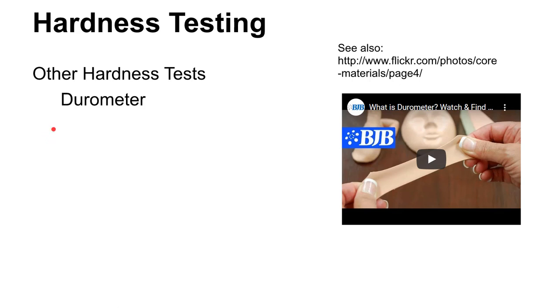So there are different letter durometer scales, just as there are different Rockwell scales. But this video is a pretty good look to get you an idea of what a Shore A50 would be. Okay, so that's worth being able to be conversational about that.